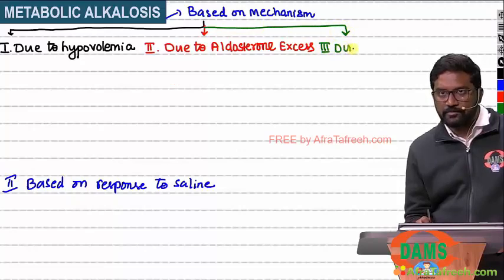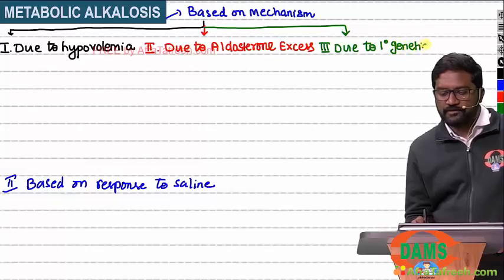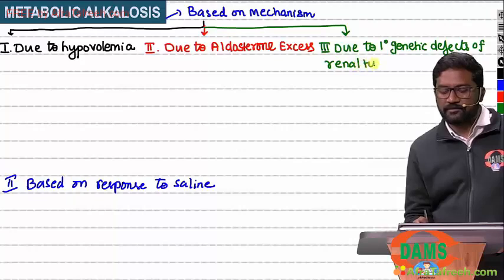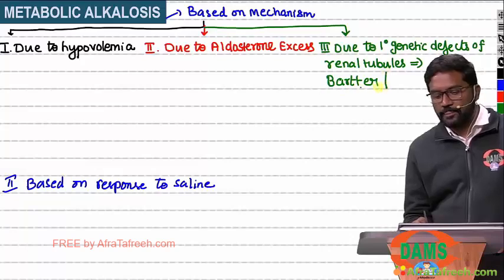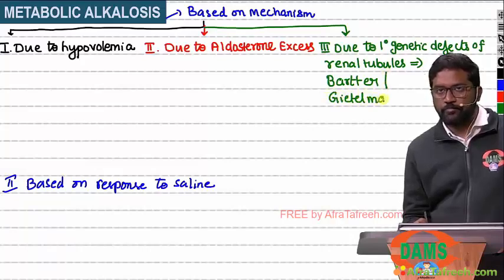Then we have category 3. This is due to some primary genetic defects of renal tubules, which includes Bartter syndrome, Gitelman syndrome, Liddle syndrome.